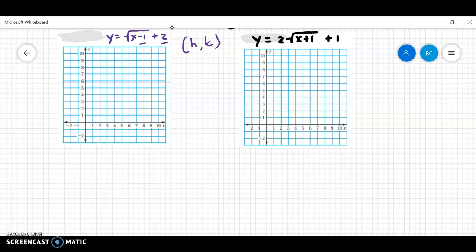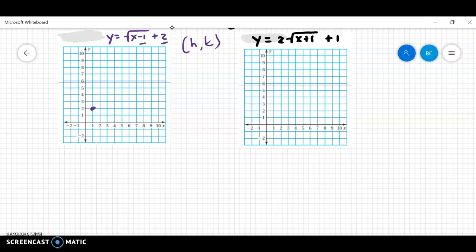I can use that same idea here. So my h is going to be 1 and my k is going to be 2. That's going to be my beginning point in this function. My a, there's nothing there, so it is 1, tells me that it's going to follow the normal pattern.